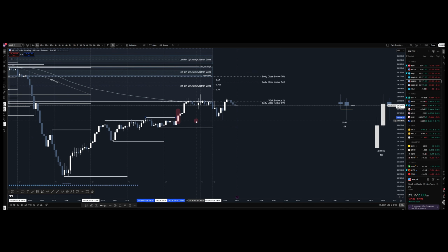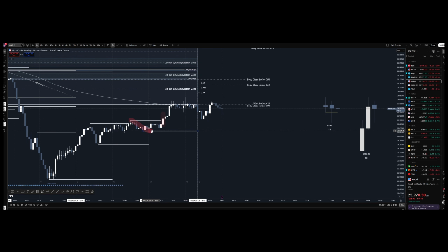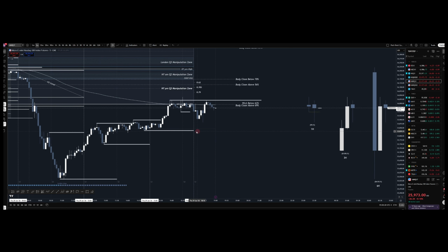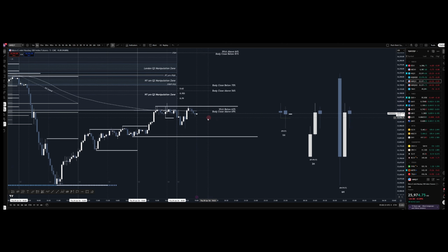Get our break here. This was the swing that caused the break, locks in the low. We didn't get body closes above this one. So if we do come up and start getting closes up here, we can then lock in this low.